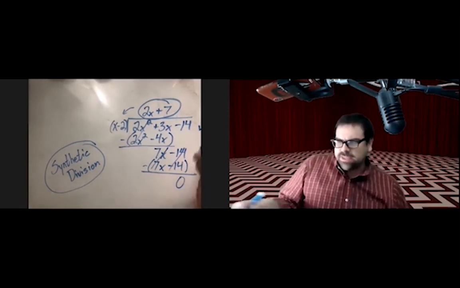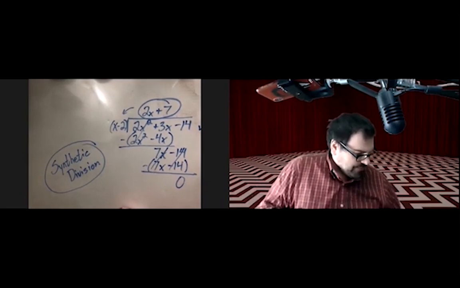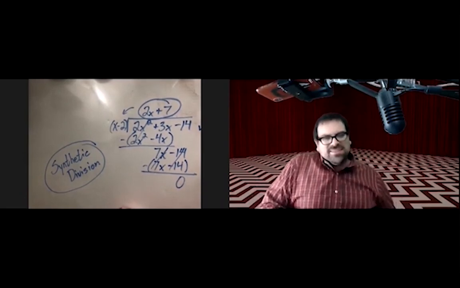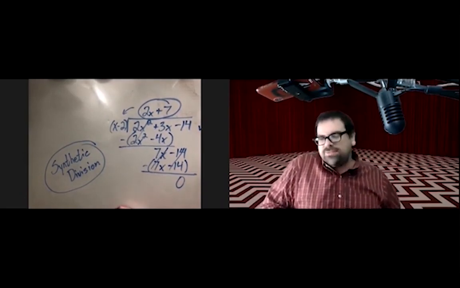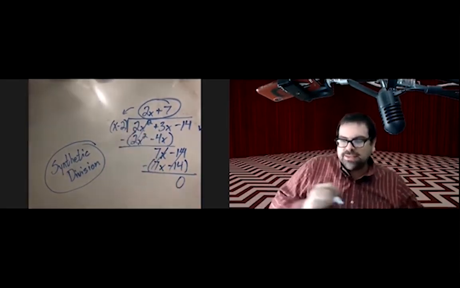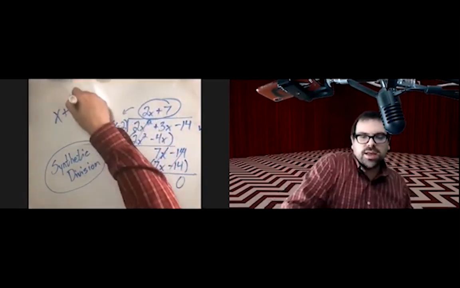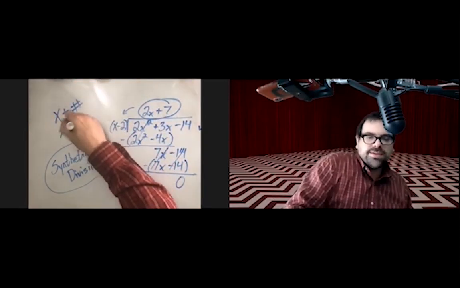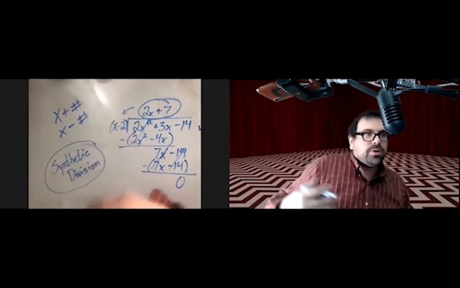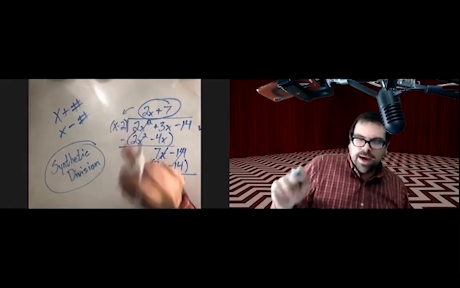If you had a synthetic material, that would mean a not natural material, something that was created. Synthetic division is a way to get around long division on problems like this, where it's just x plus a number or x minus a number that we're dividing by. Here, x minus 2.